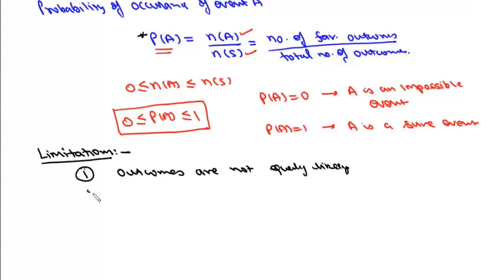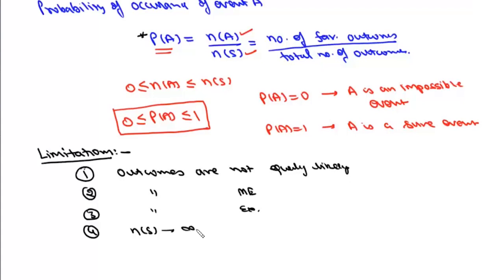The second limitation is that outcomes may not be mutually exclusive. And the third limitation is that outcomes may not be exhaustive. Another limitation is if the number of elements in the sample space is very, very large or infinite, then also we cannot use this classical definition of probability, as we have seen in the case where the sample space is either countably infinite or uncountably infinite.